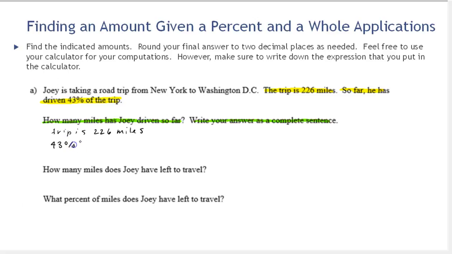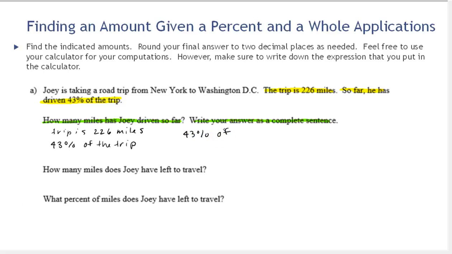So again, remember, it's easy to determine what the percent is because it'll have a percent sign or the question will ask what percent. And the whole can be trickier, but notice it says 43% of the trip, where the trip is referring to the 226 miles.